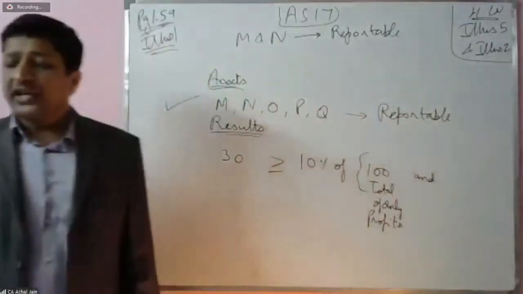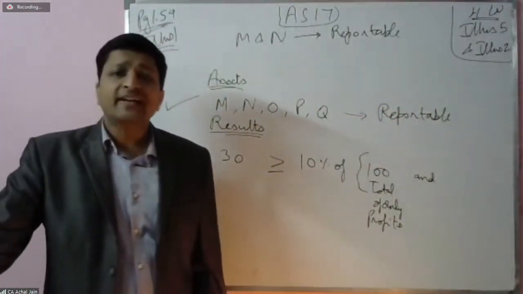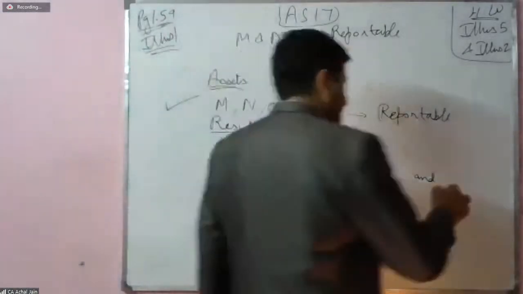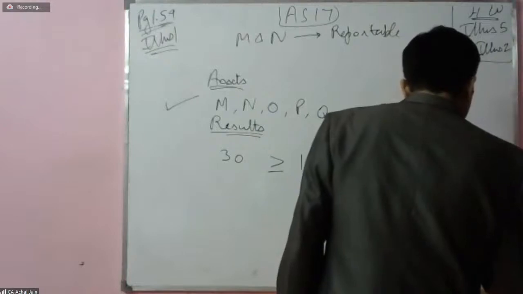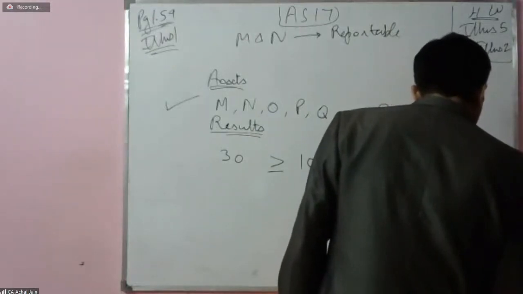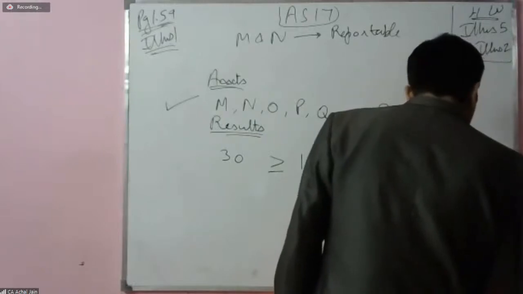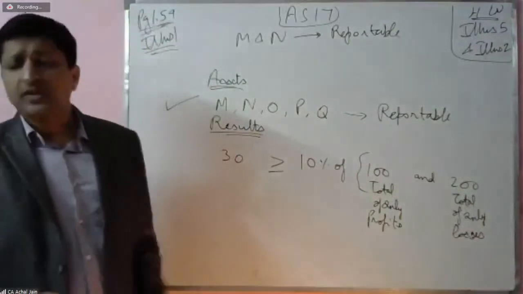And we need to take the total of only losses. So 190 plus 10, 200. Total of only losses. Absolute figure of these two is required to be taken.